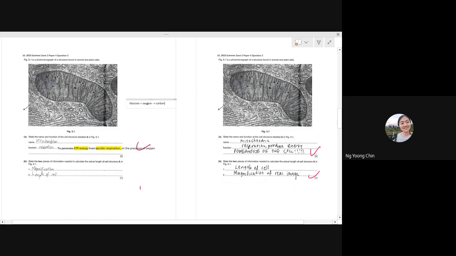Carbon dioxide. And also water, you release water. And you release the ATP energy at the end. This is the equation for the cellular aerobic respiration.